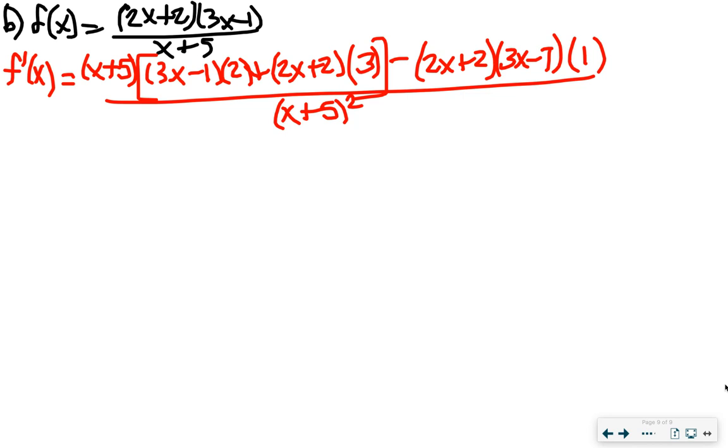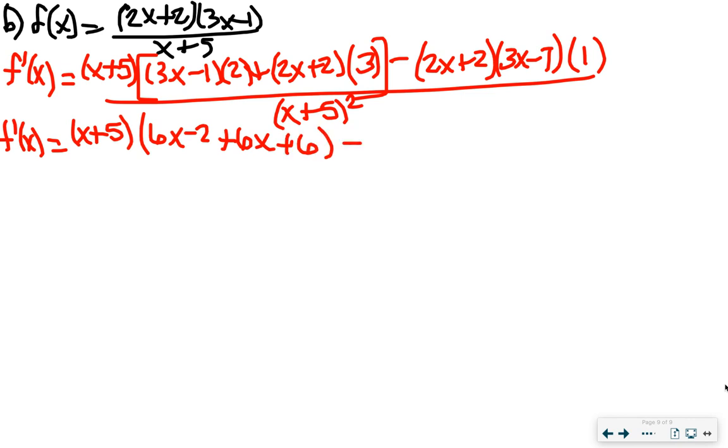Alrighty, simplify some things up here. We got 6x minus 2 plus 6x, 6 minus, well, I can factor out a 2 there. So that's, yeah.